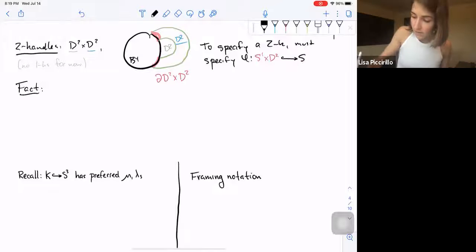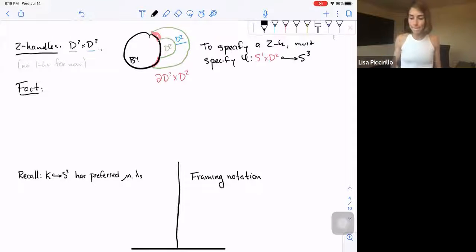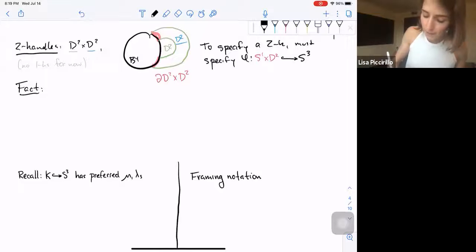In our case, that's just S3. All right, so that's what we're going to try to write down when we try to write down the attaching of a two handle. And to do that, let me tell you a fact.